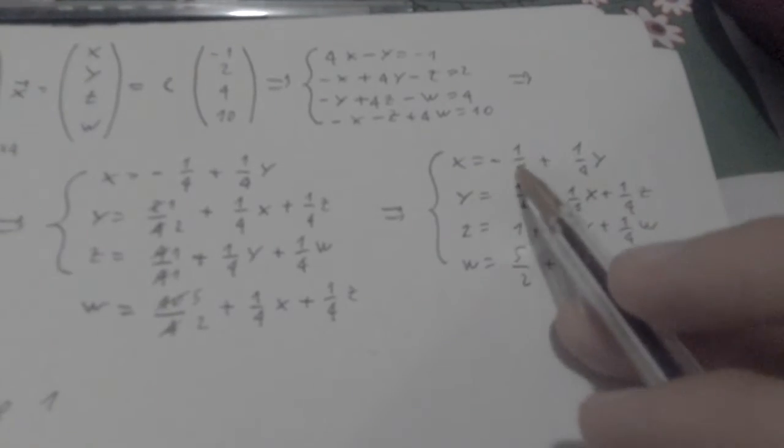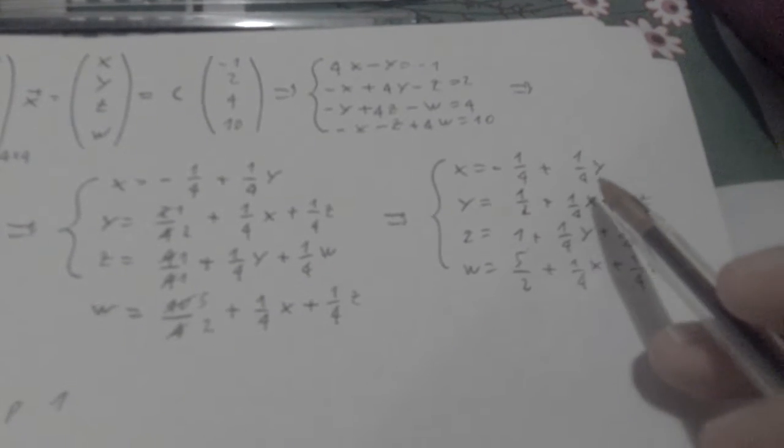So what was our equation for x? Well, let's see. Our equation for x was negative 1 over 4 plus 1 over 4y, and therefore our new estimation for x is going to be negative 1 over 4 plus 1 over 4 times 7 over 16, which is our new estimation for y.